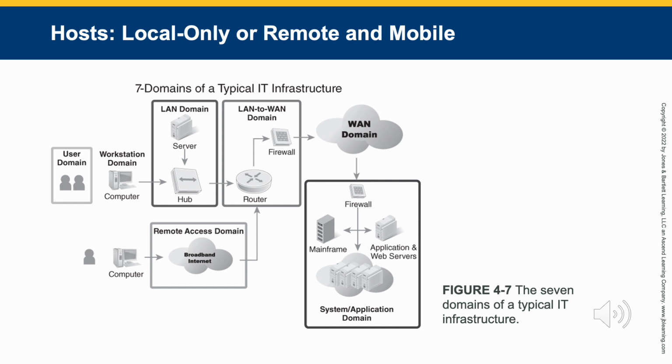Your remote workforce, mobile devices, phones, laptops, and stuff like that, would be outside of the network, part of your remote and mobile domains for remote access, and you would need an encrypted pathway back into the network to allow that traffic securely. Local only hosts should be considered somewhat secure and don't need that encrypted communication interior of the network.